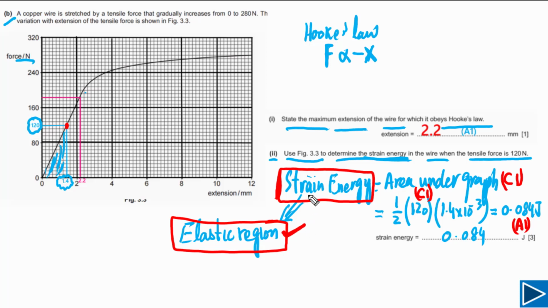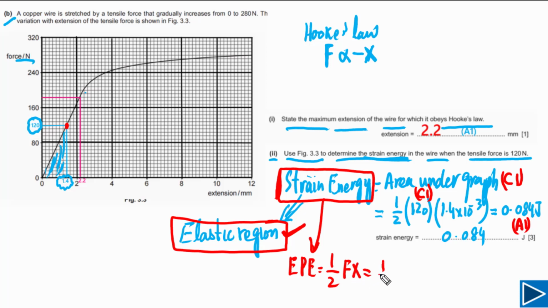Strain energy you can also calculate like this. We also call strain energy elastic potential energy, and this is also equal to 1/2 Fx, where F is the maximum force and x is the extension.